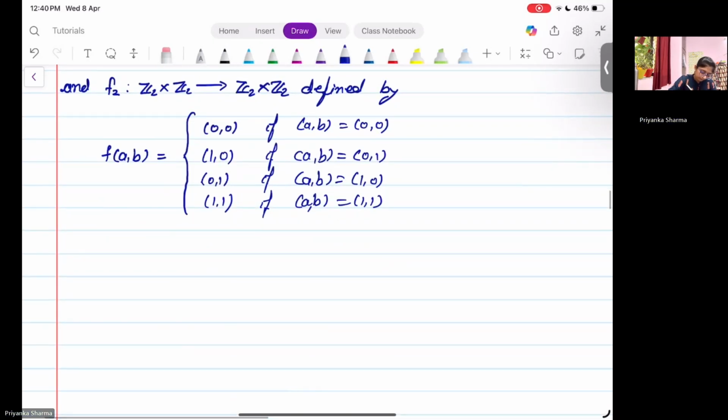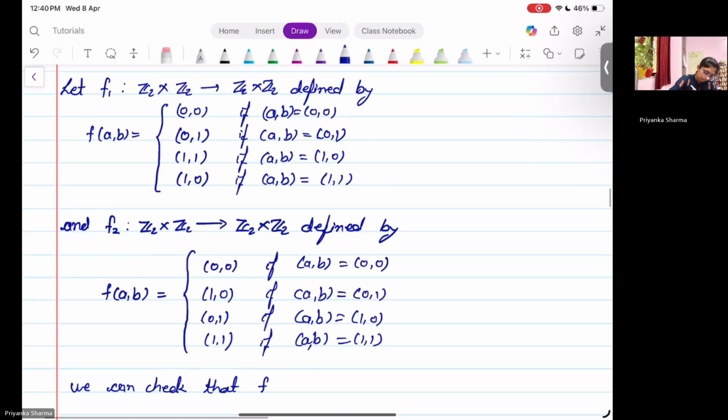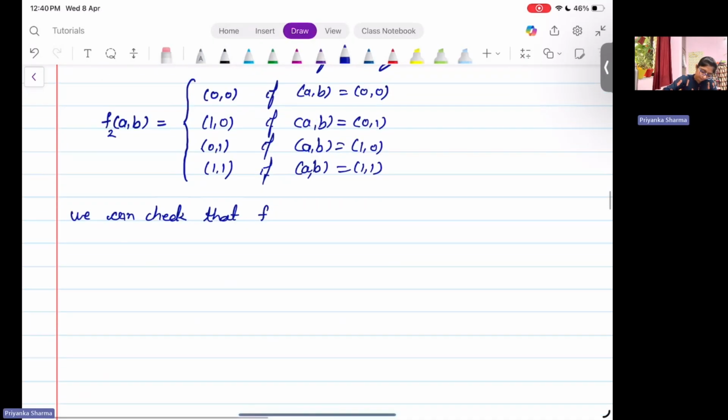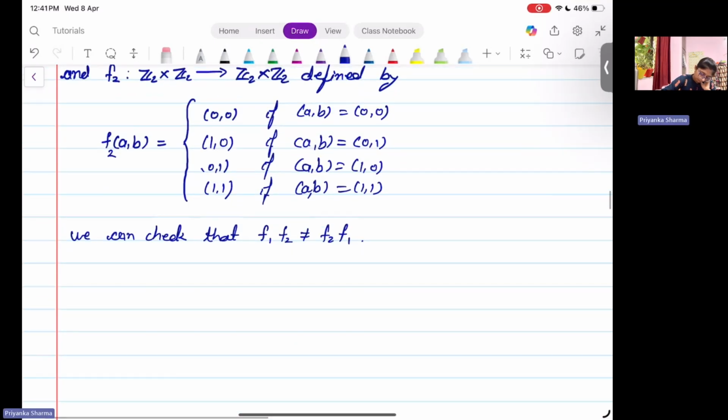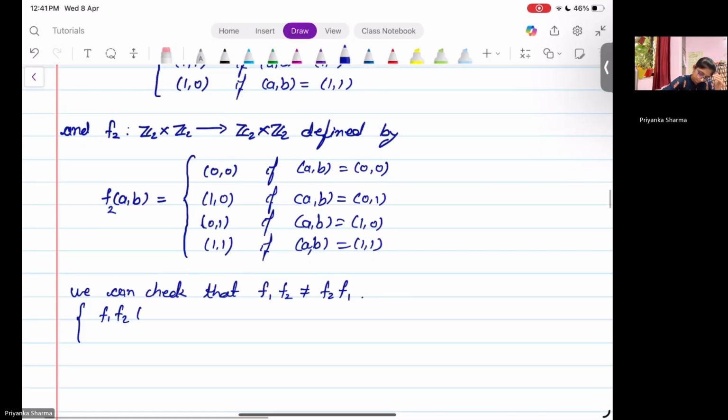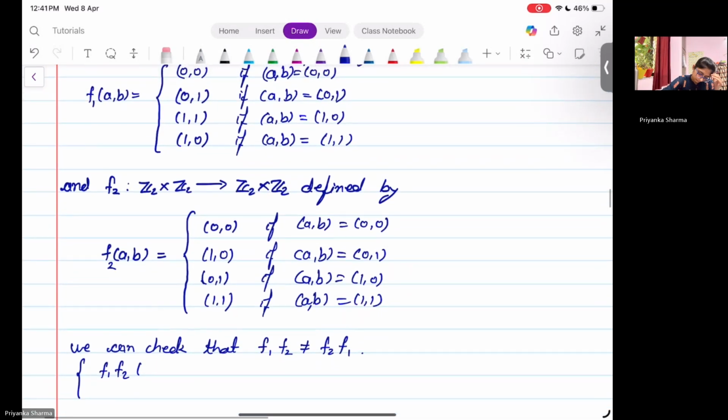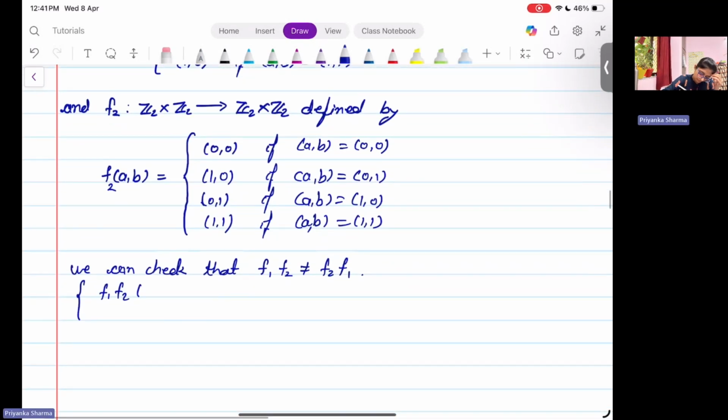So we can check this with F1 and F2. They are non-commutative. So let's check the image of 1, 0 under the composition.